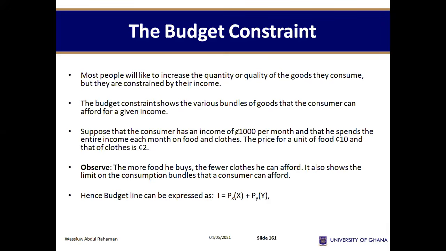So I am going to switch to the whiteboard to explain in detail what a consumer can do. So you have the whiteboard now. So what a consumer can do.